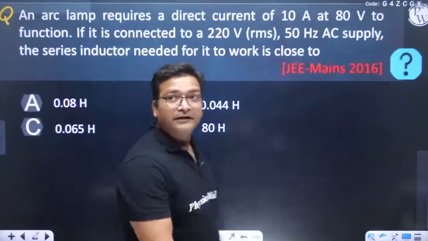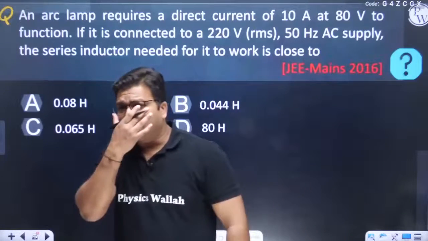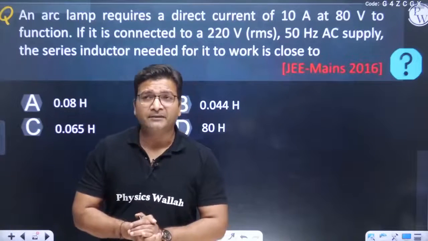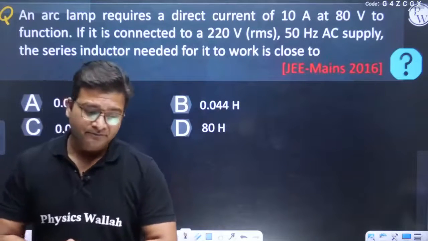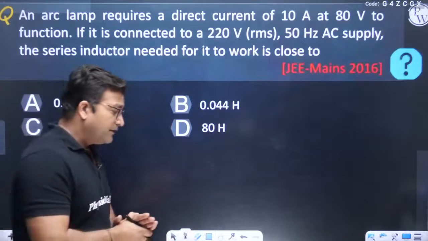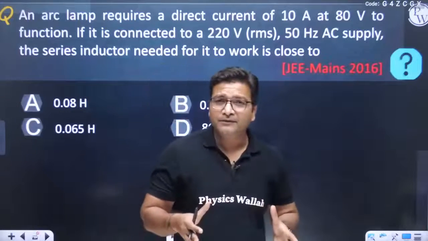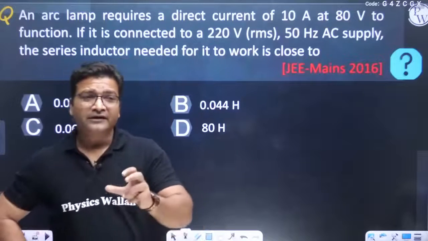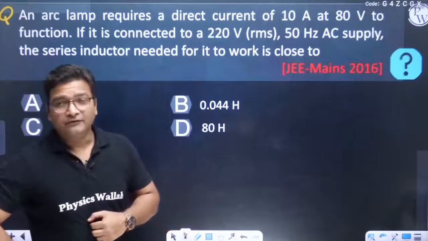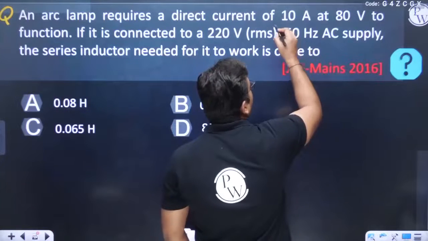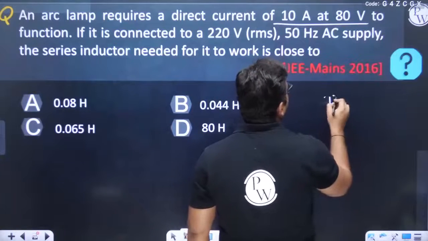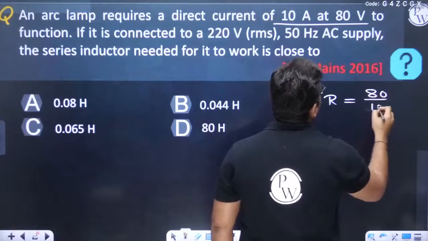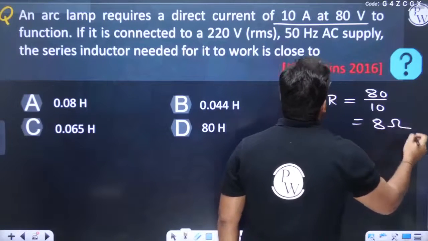Next question. Here we have an arc lamp that requires a direct current of 10 ampere at 80 volt. This arc lamp is actually a lamp or a bulb, you can think, and it operates when the current through it is 10 ampere and 80 volt. So these two parameters will give you the resistance of the arc lamp, and it would be 80 divided by 10, that is 8 ohm.